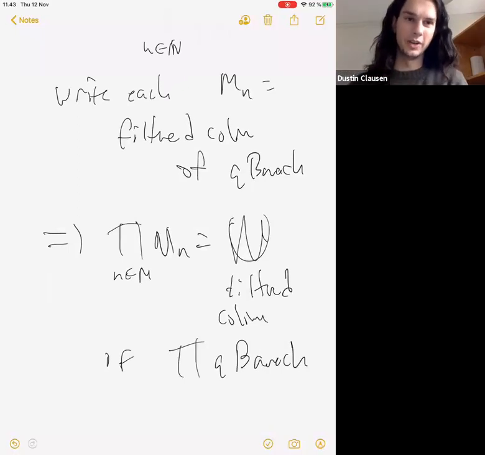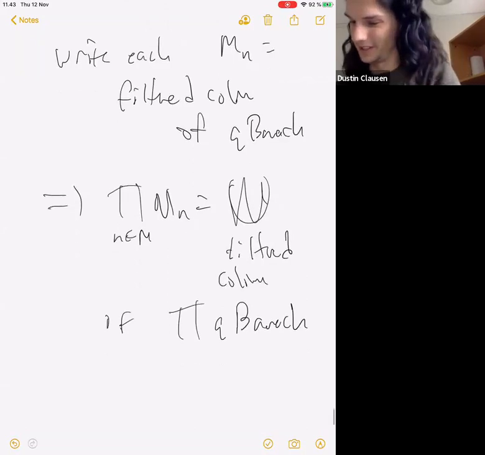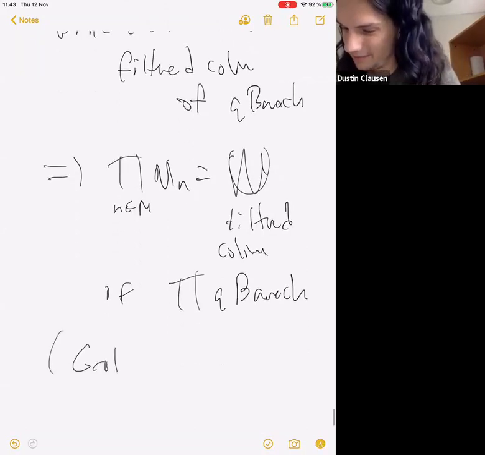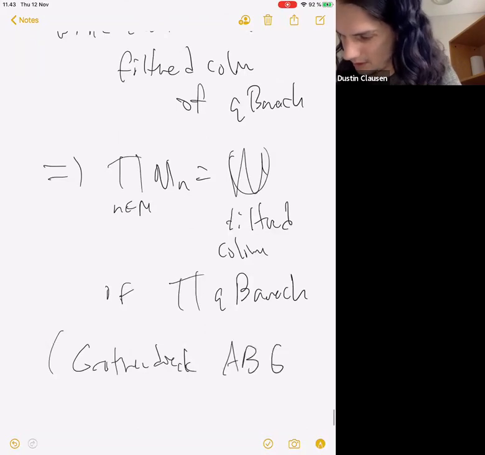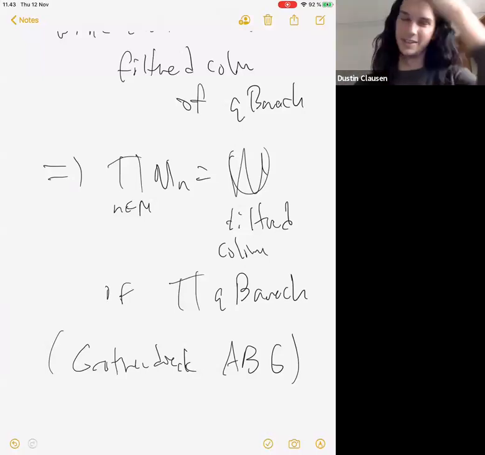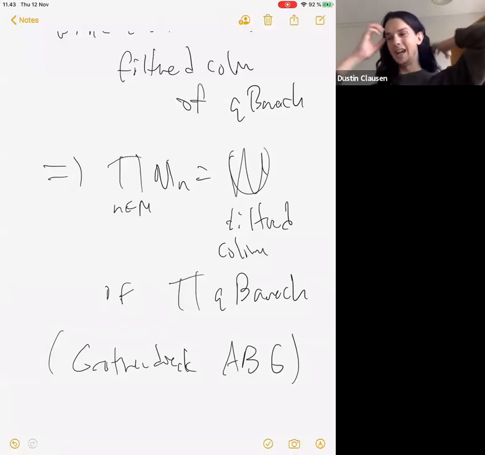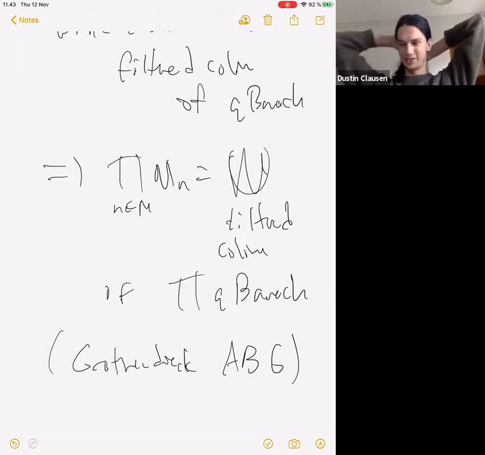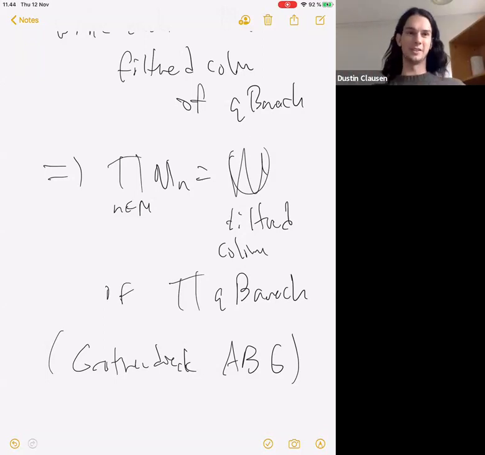So there is this weird, what is this, Grothendieck's AB6 axiom? Is that right, Peter? Is it AB6? Yes. Well, anyway, there's this funny axiom for an abelian category, which tells you how to write a product of filtered colimits as a filtered colimit of products.